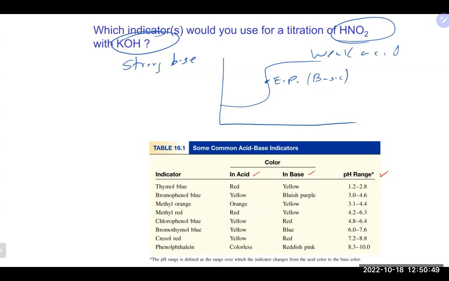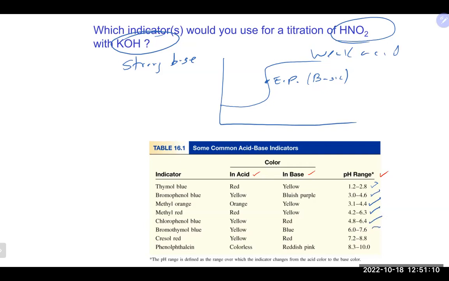That means that the thymol blue here, which works over 1.2 to 2.8, is going to change color way before that. So that's not going to be useful. Nor will this one for the same reason. Nor will that one. Nor will that one. Not that one either.